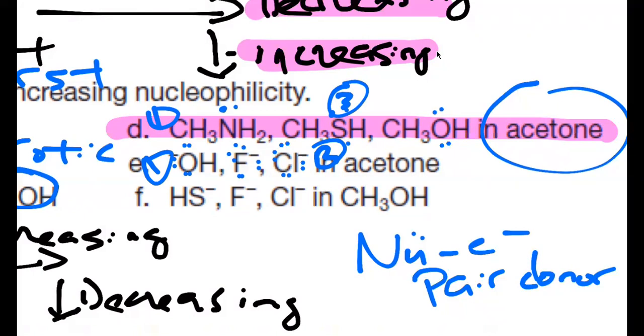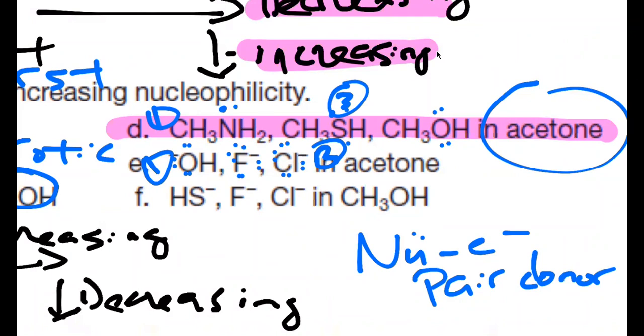All right. The last one, somebody do that one. It's in methanol, so it's in a protic solvent. Sulfur is first. Yeah, even though it's under fluorine, it's still further to the left of it. So you're right.